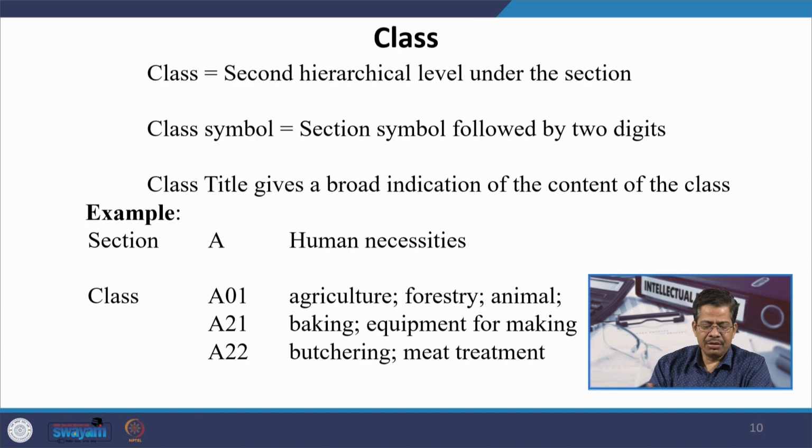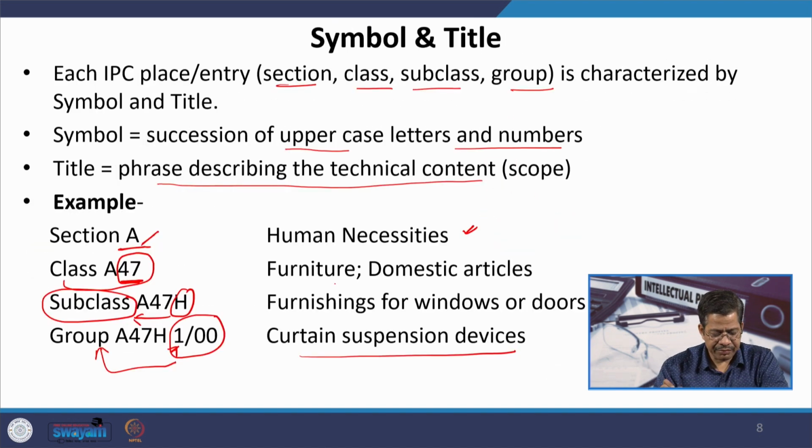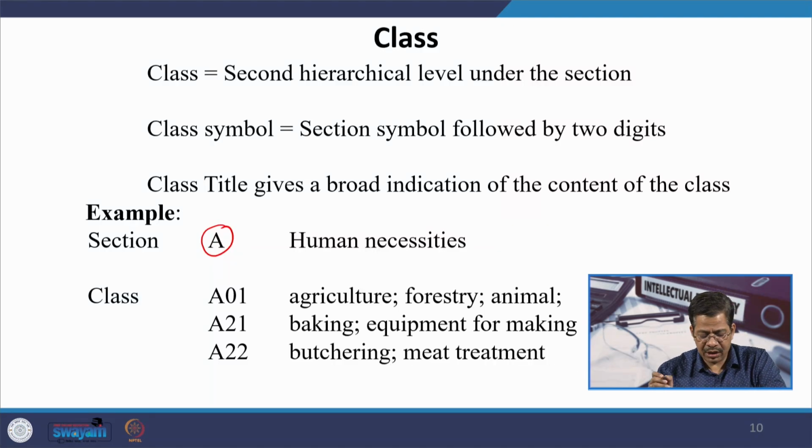So, as you have seen, in this case we have section A, again an example of human necessities. Then as in the previous case we have 47. Now, we see there are 2-3 different examples to give you the example of class 01, 21, 22.